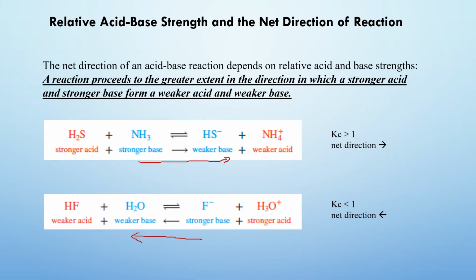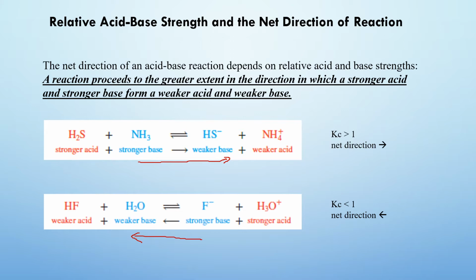So another way to determine the direction is looking at the Kc value for the net reaction. In the first example, because the Kc value is greater than 1, the concentration of the product is greater than the concentration of the reactant, assuming they all have the same initial concentration at the beginning.